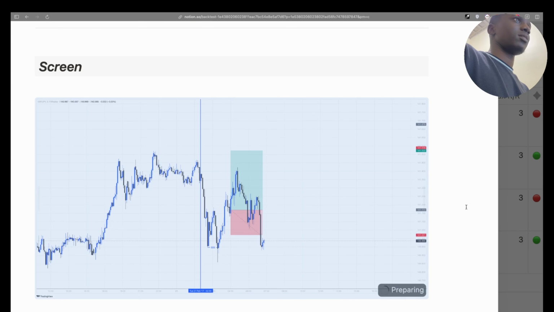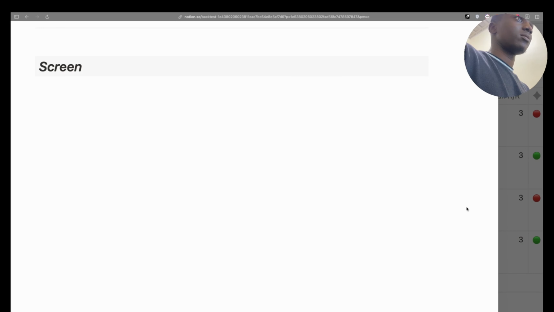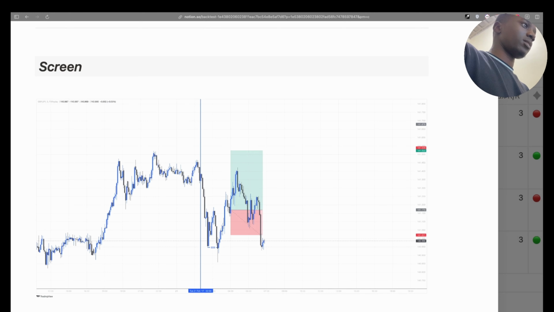So you can see the stop loss was 141.17 minus 141.021.